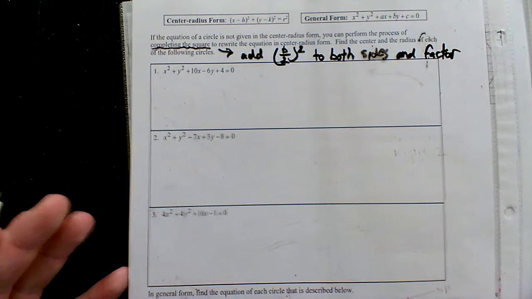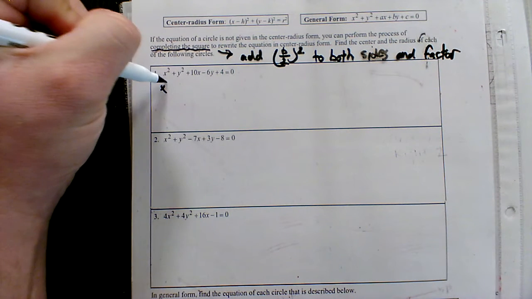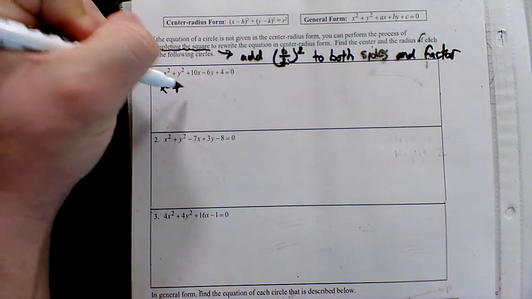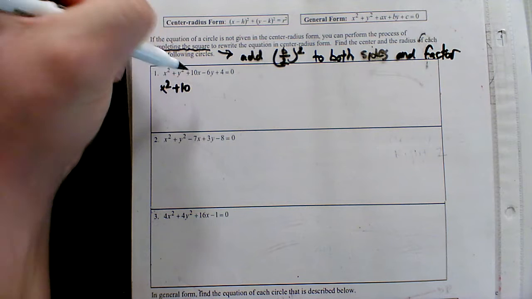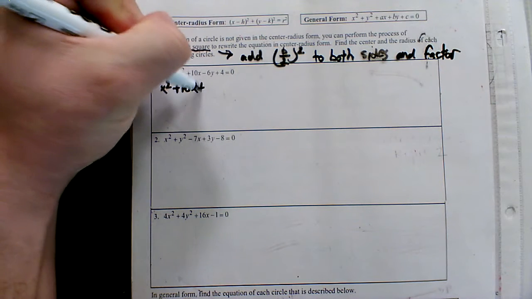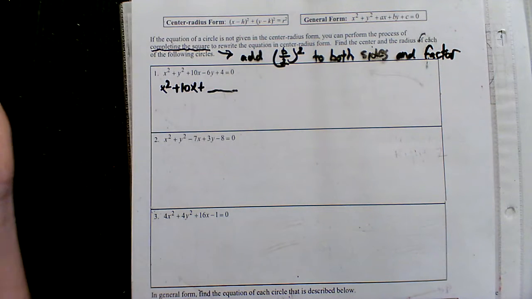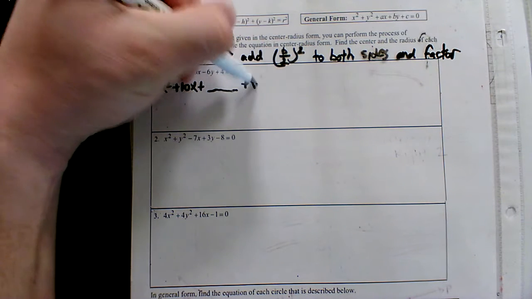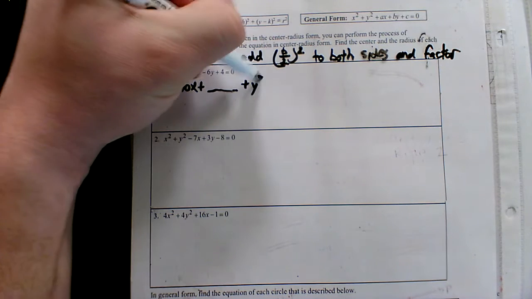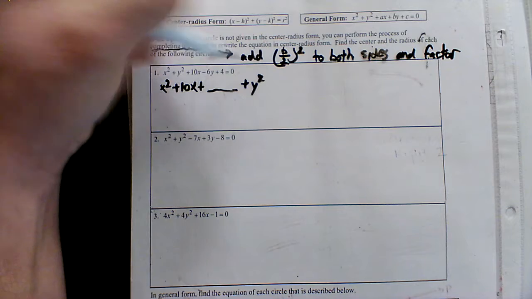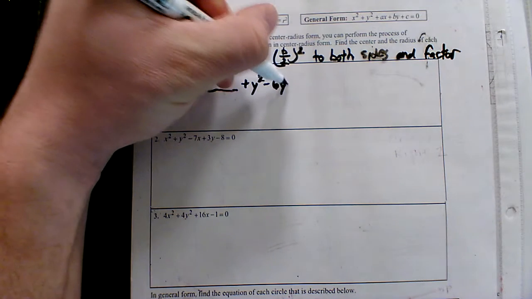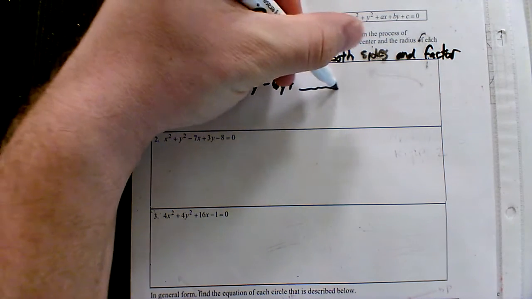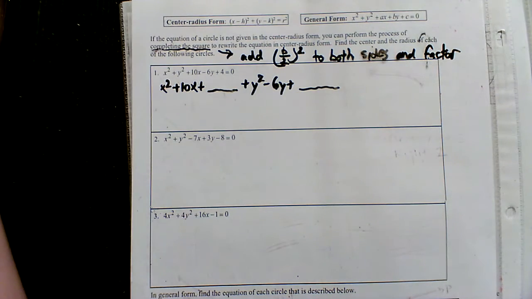So if we put our x's together, x squared plus 10x, we're just moving everything around, plus blank. We don't know what should be there yet because we have to complete the square for that. Plus the y squared now, minus 6y, plus blank, because we have to complete that square. We don't know what it is yet.